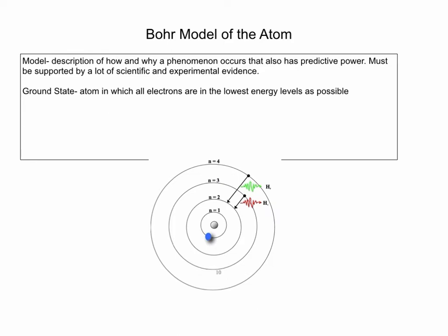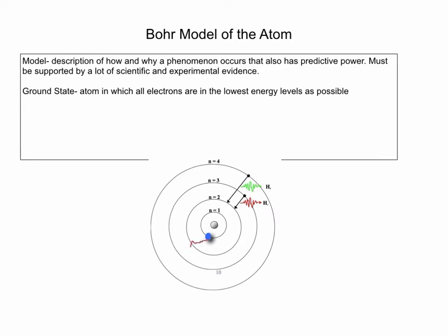But it is possible for these electrons to move to a higher energy level. And the way that this is going to happen is that our electron here has to gain some energy. To give this electron some energy, we need to hit it with a photon, a little packet or particle of light. So if I have my photon, and my photon's going to come here, it's going to hit my electron.